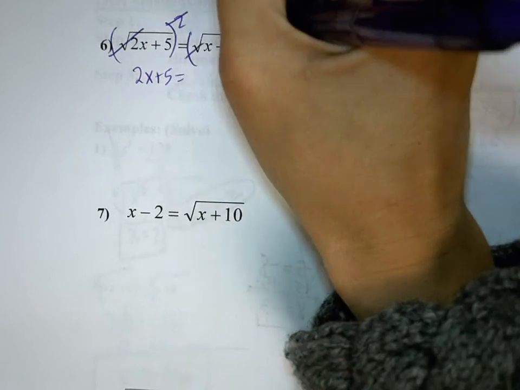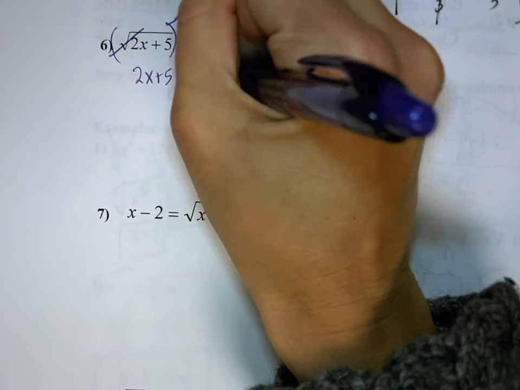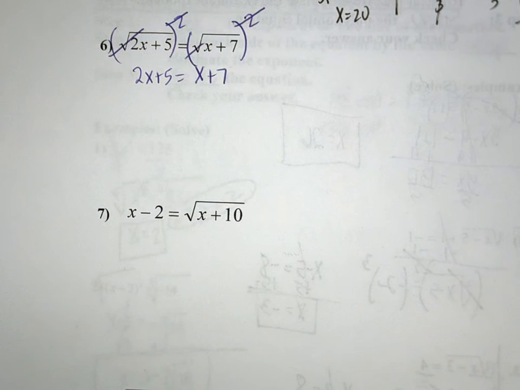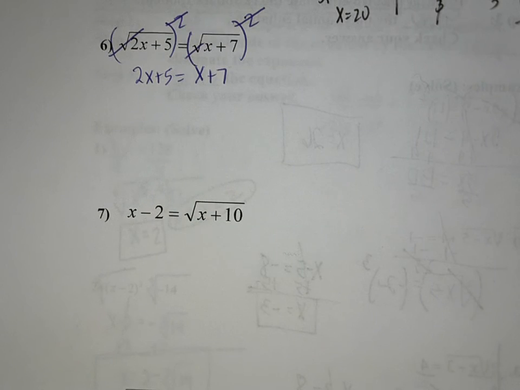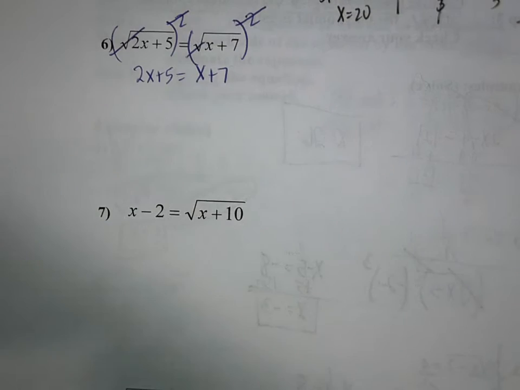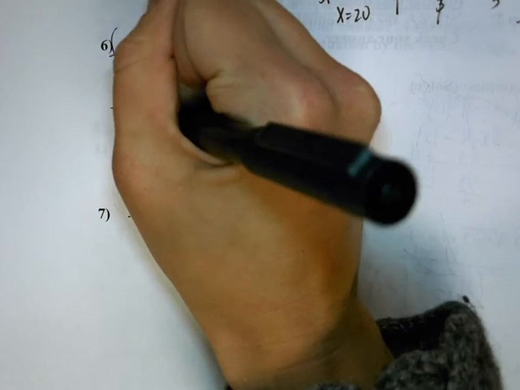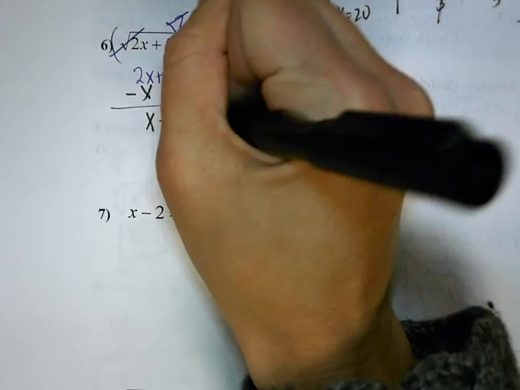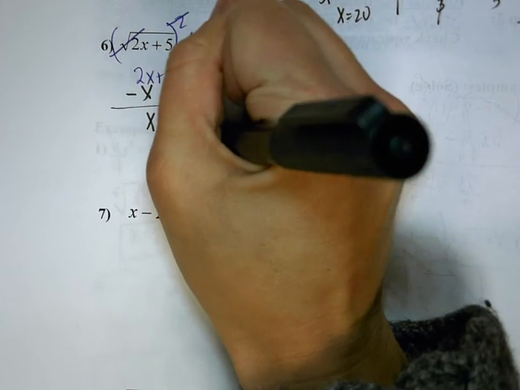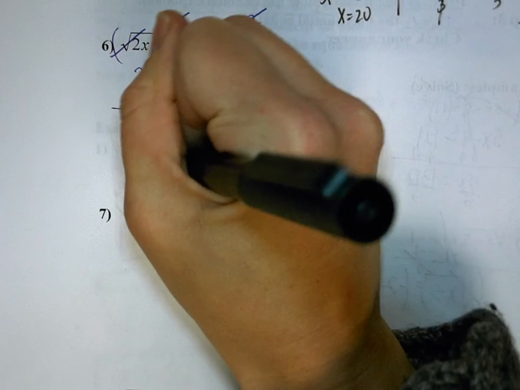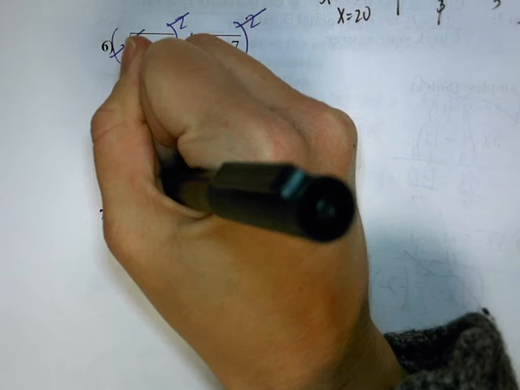And I get rid of the square over here, which is x plus 7. And we can solve it. So we solve it now by finishing this problem, where I'm going to subtract x. And I get x plus 5 equals 7. We subtract 5. And x equals 2.